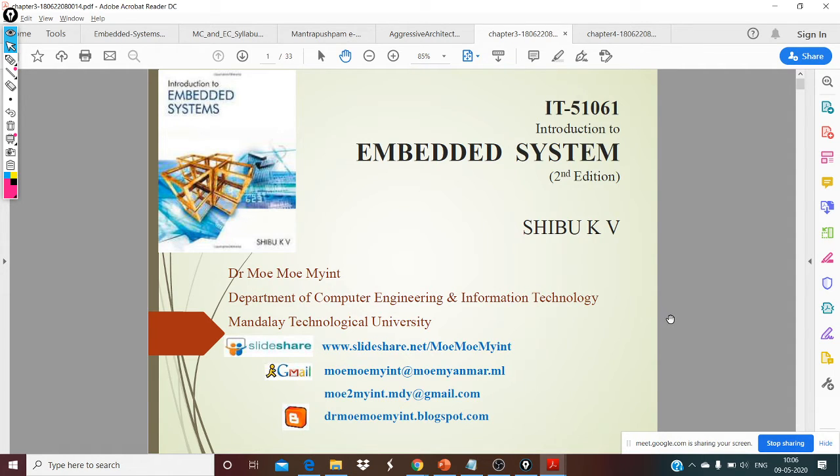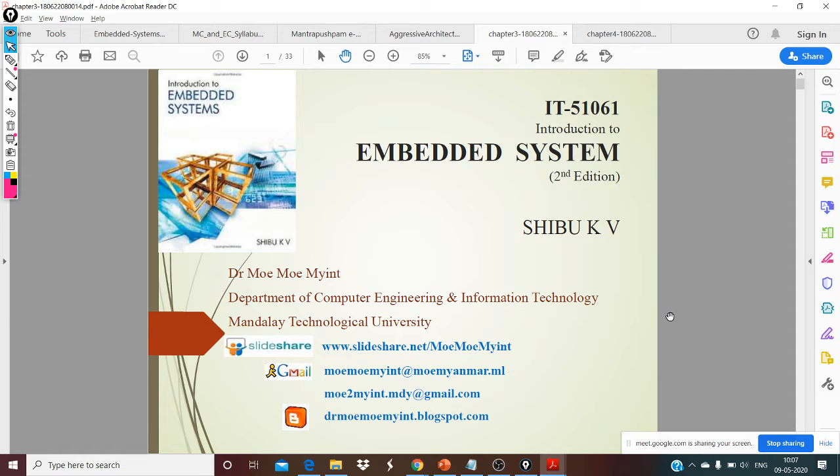Once the timer expires, the watchdog timer will send a reset signal to the CPU. So there will be a reset pulse sent to the embedded system, so that it will reboot and be in a known state. Okay, so this is a quick summary of the previous module, module 3.